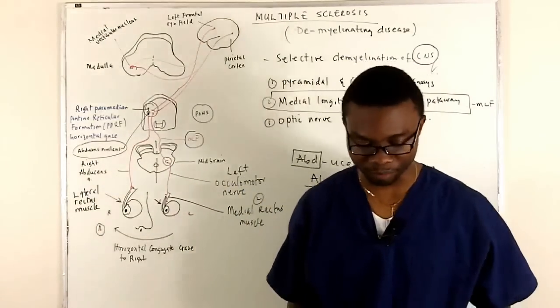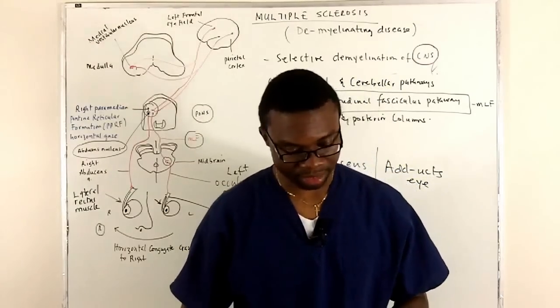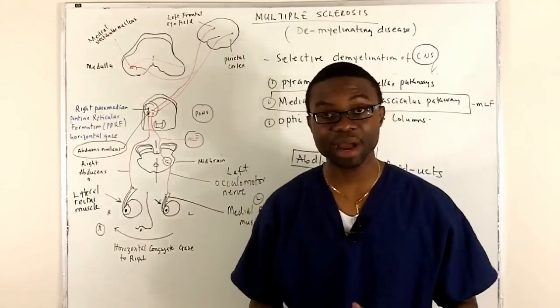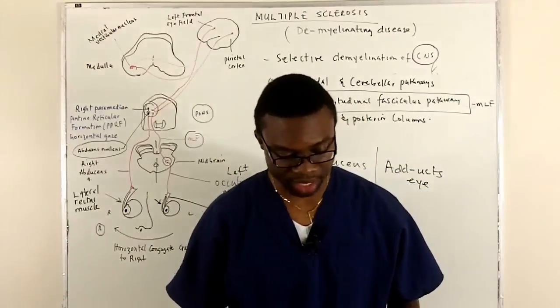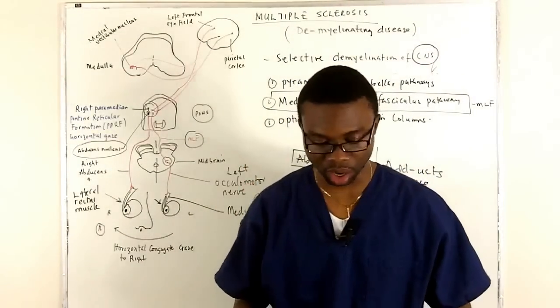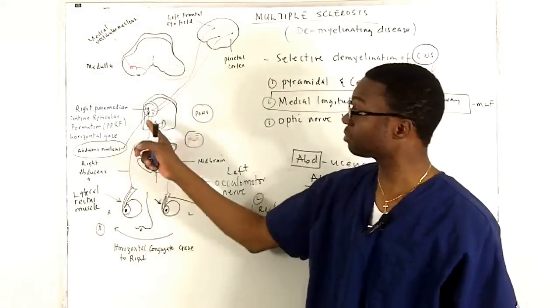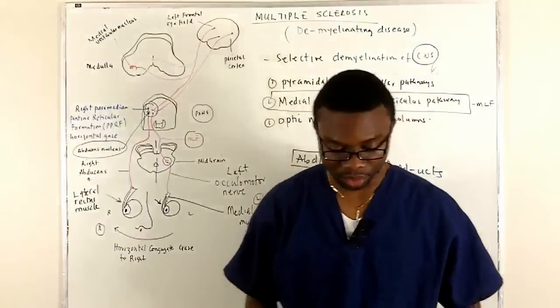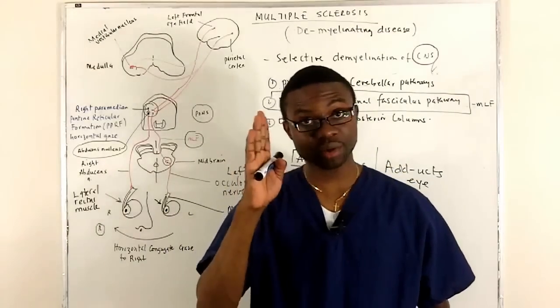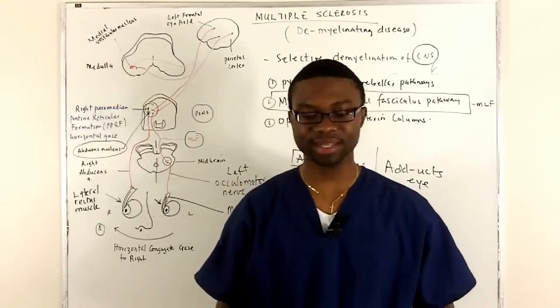And that is how we perform horizontal gaze. Therefore, when we stimulate the PPRF, what is the overall summary? We get ipsilateral, same side, horizontal conjugate gaze. By stimulating the PPRF on the right, what do we get? It results in abduction of the right eye and adduction of the left eye.